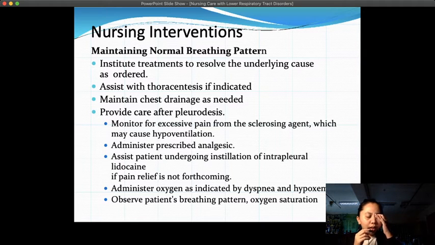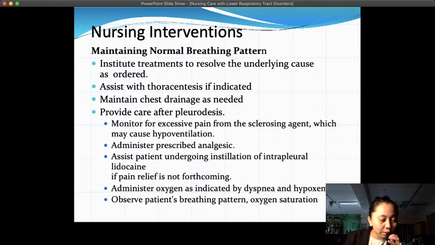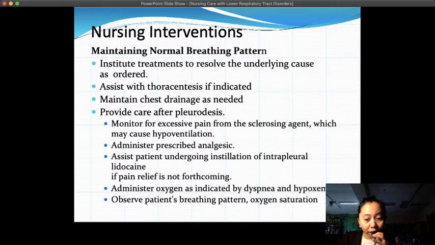So that's why you have to be keen on your observation class because the reason why we have diagnostic exams is for you to relate it with the patient's case so that you would know what will be your nursing interventions and so that we can save the life of the patient.